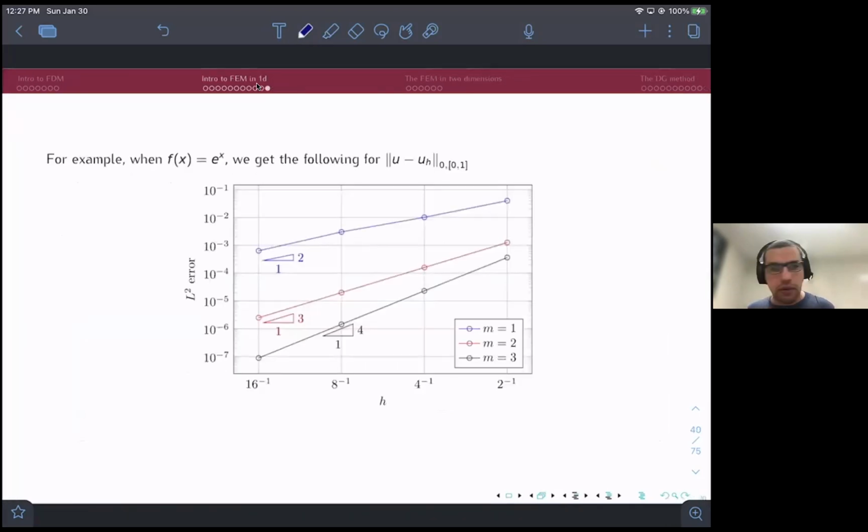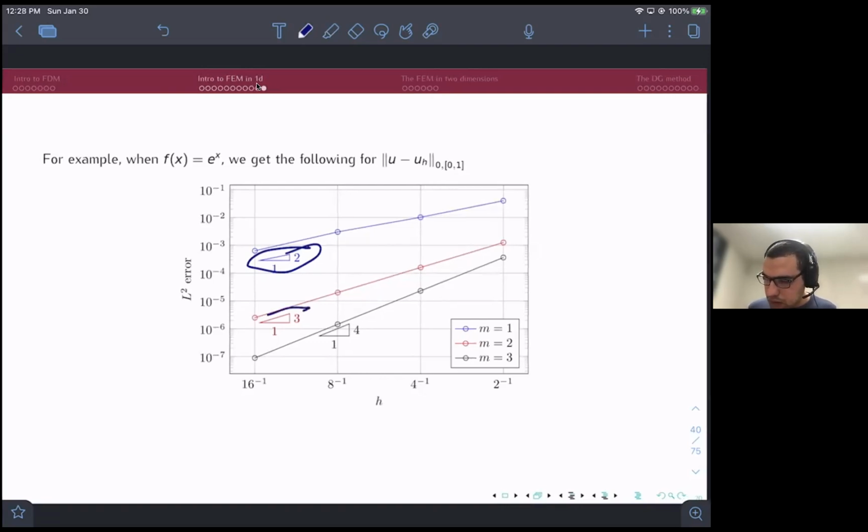And we could play with examples like e to the x that we have done. This is a log-log plot. If you use degree 1, you expect something like h squared convergence. And then if you use degree 2 polynomials, you have a cubic convergence, and then you have a fourth order convergence if you use h to the fourth. Okay.